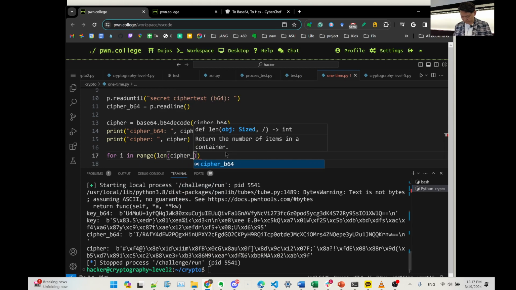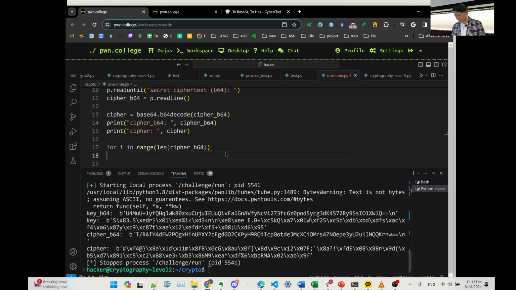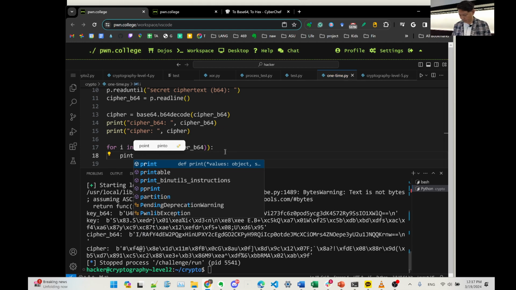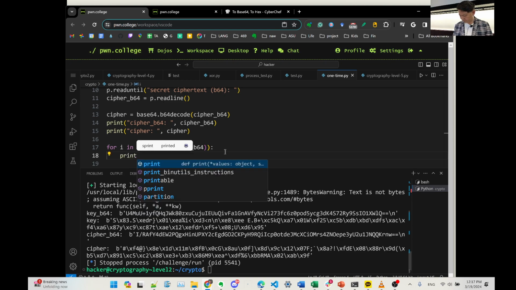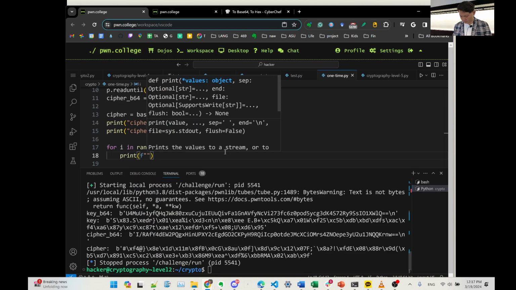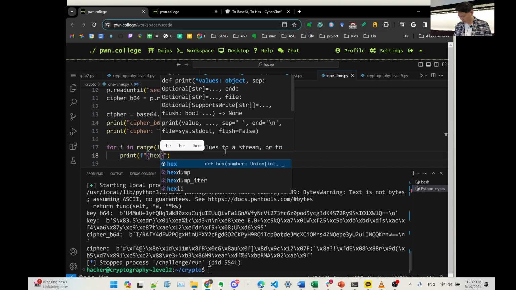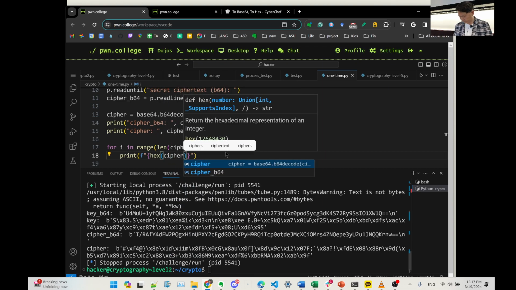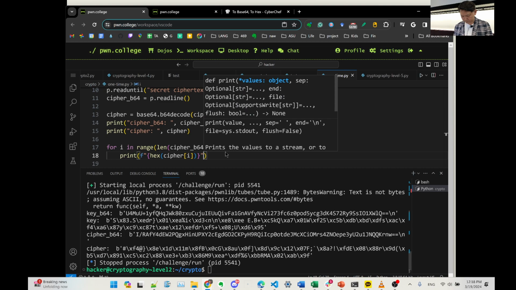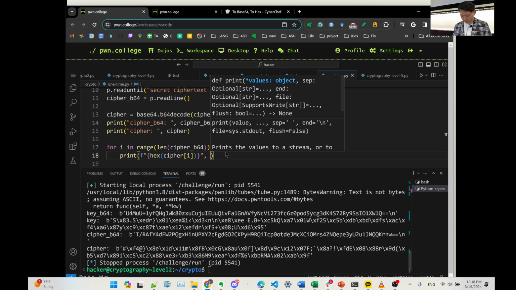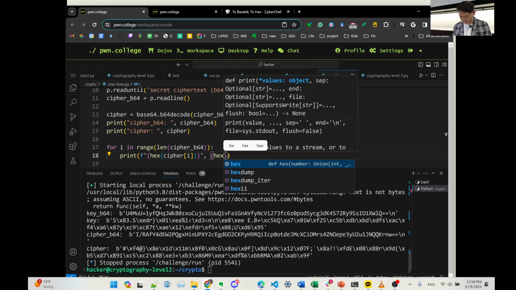Okay, and print out with printf, print format. Okay, hex of each cipher value and another value, hex of key.